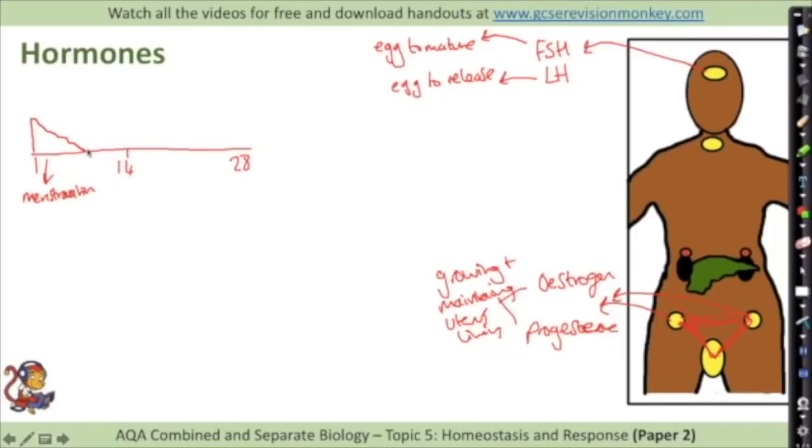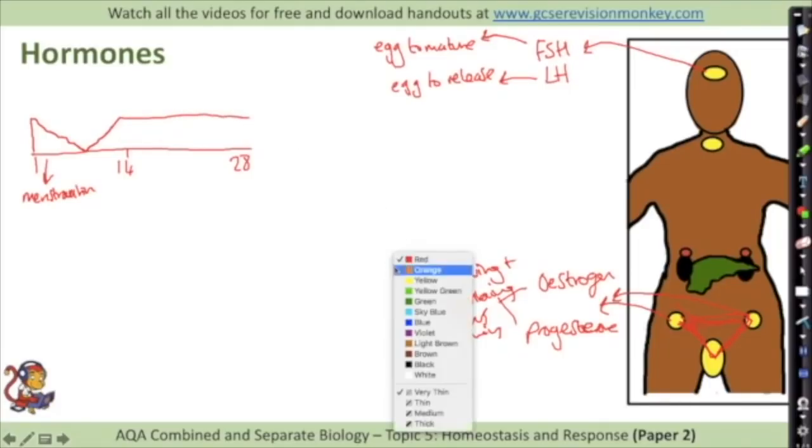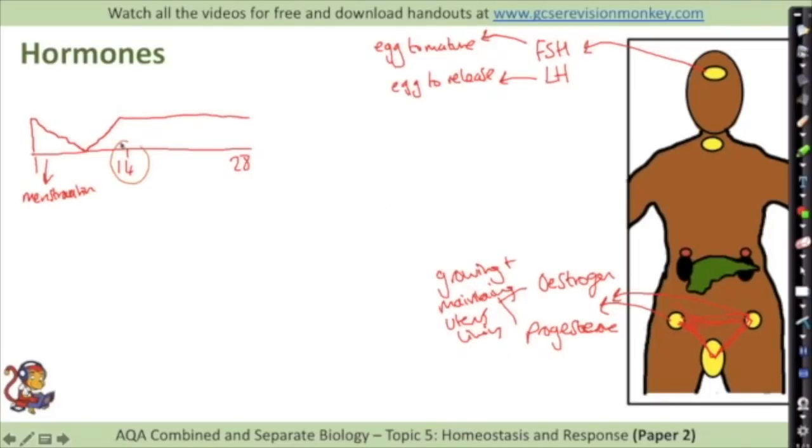The uterus lining will then build up again with the help of estrogen and progesterone, and then will be maintained. Day 14 is an important day because that is the day in which the egg is released. And then the cycle will all happen again and the uterus lining will start to break down, etc.